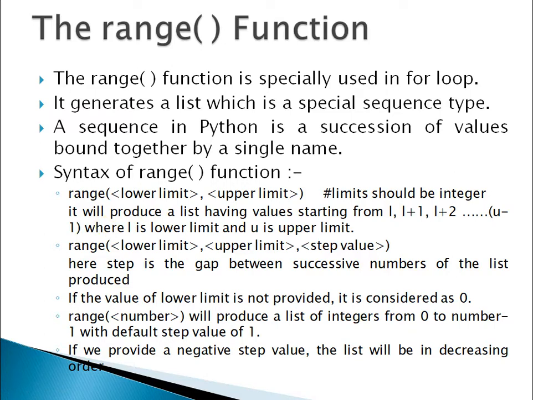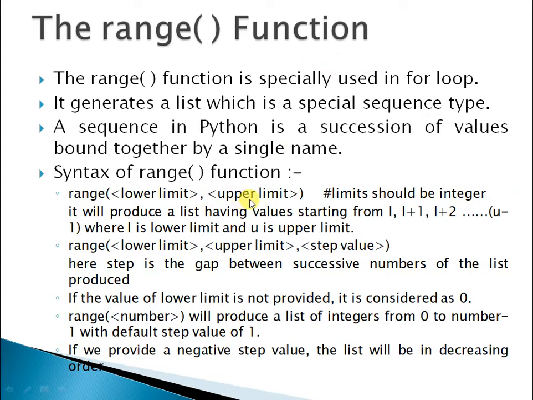If we suppose that L is the lower limit and U is the upper limit, then the output of the range function range(L, U) will be a list having numbers L, L plus 1, L plus 2, dot dot dot, up to upper limit minus 1, that is U minus 1. This point you have to keep in mind, that whenever you are working with range function, the upper limit is not touched.